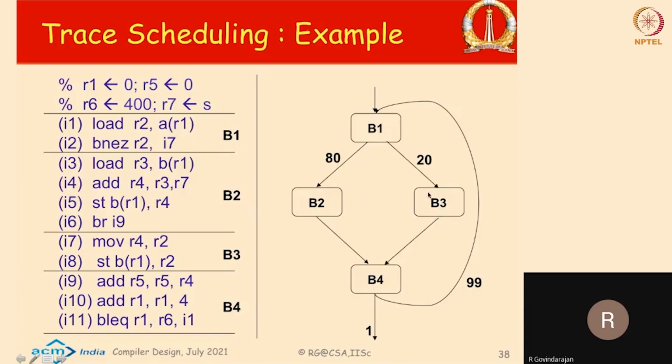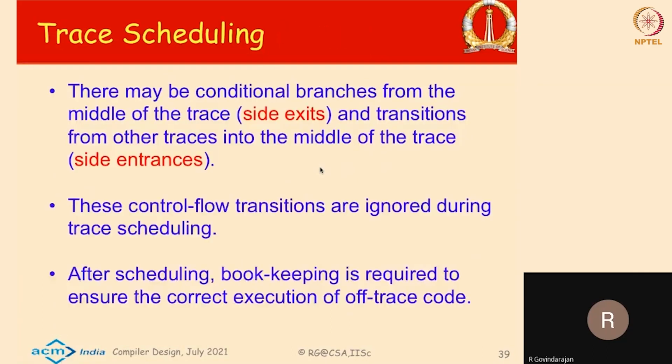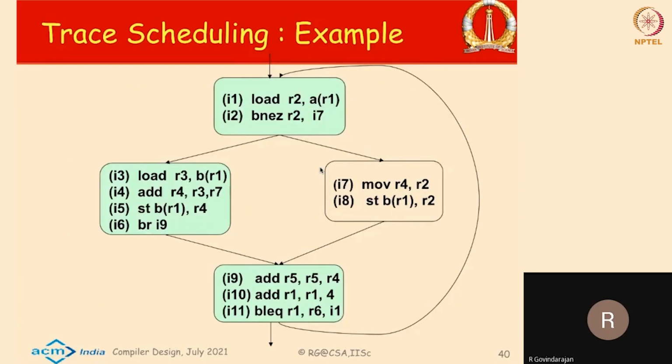Therefore, you possibly have to introduce some compensatory instructions. That is fine as long as you optimize on this path, even at a small expense of this path, so that your overall execution time is minimized. This is the idea.